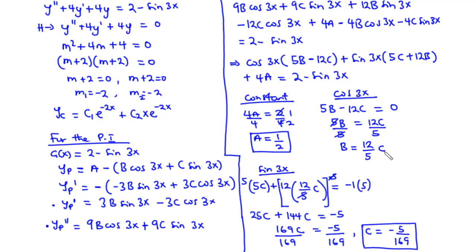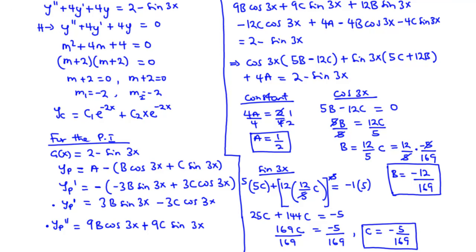Again, we have b equal to 12 over 5 times c, which is negative 5 over 169. So 5 cancels out 5. We are left with negative 12 over 169. So this is also the value of b.